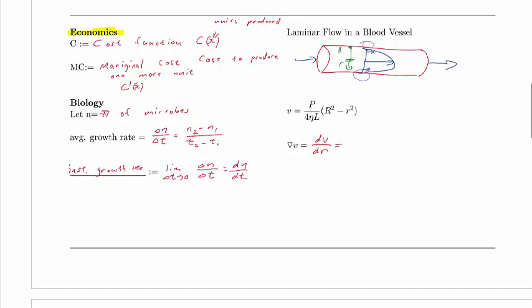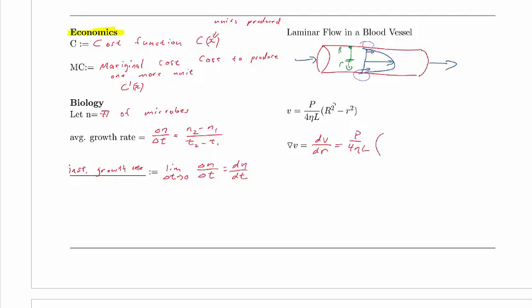Now it's important to note that P is going to be a constant in this particular section of a blood vessel. This is a viscosity constant. This is the length that's not changing. And again, of course, big R is always a constant, so your only variable is this little r right here. So when we take the derivative, we simply abide by the derivative rules. These all stay the same since they're being multiplied.